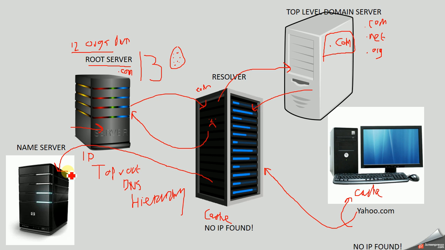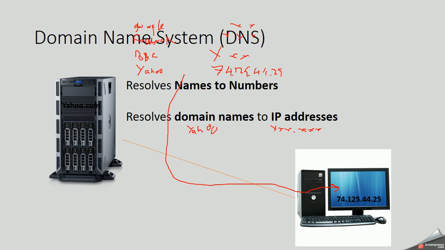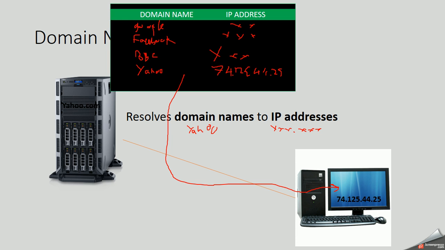He'll say, hey, do you know the IP address for Yahoo? The name server knows everything about domains, even their IP address. And that was basically what you saw in the previous video, that table, that database.